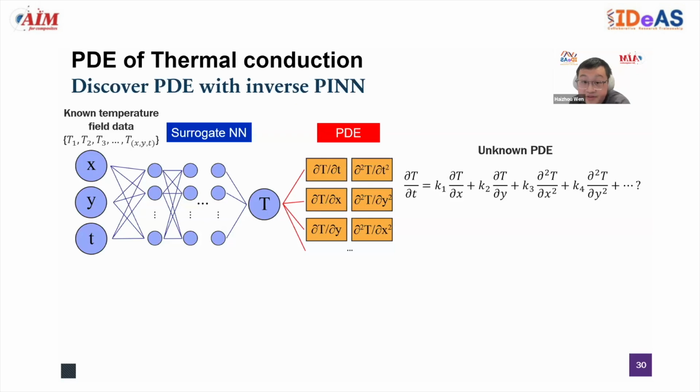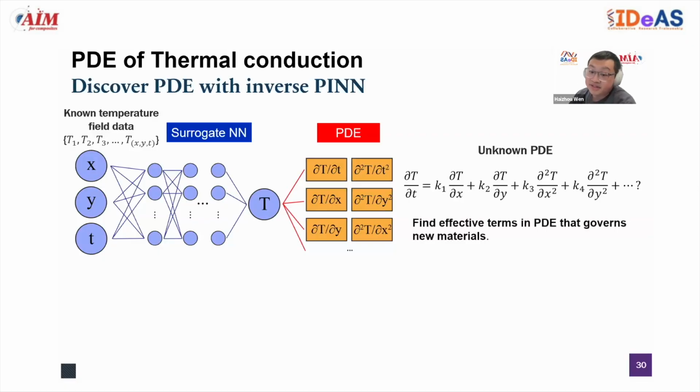So here, consider a more complex inverse problem. Think about a new material, where we have little idea about its thermal performance, including the PDE form. It could be anisotropic on heat conduction in terms of X and Y direction. That means there will be multiple undetermined coefficients to optimize.